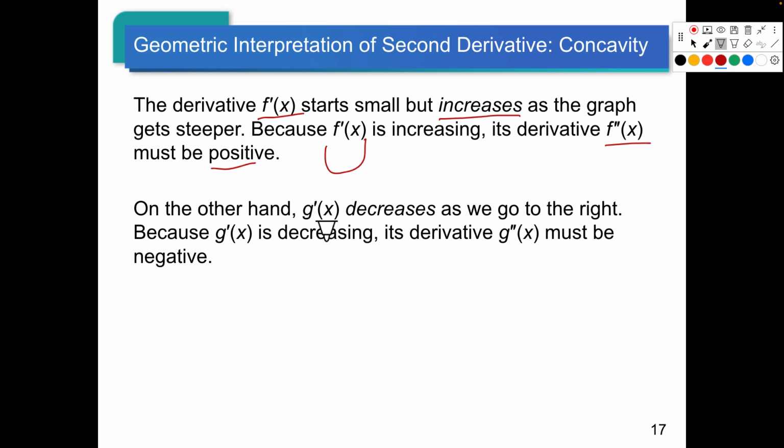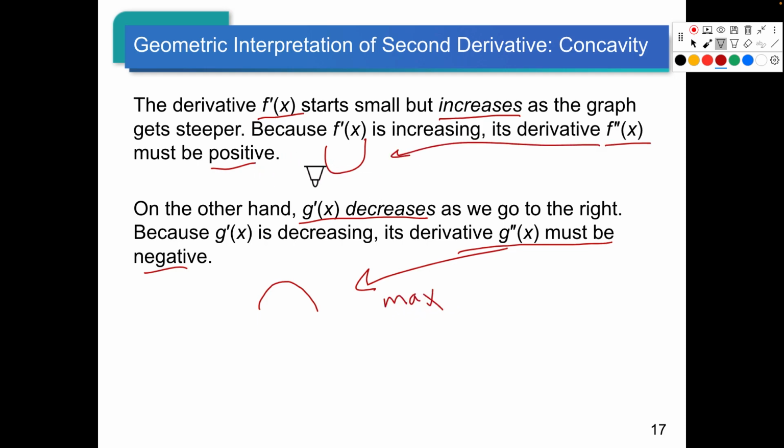This is the g of x, which shows that the rate of change, the first derivative, is actually decreasing, it's slowing down, and so the second derivative must be negative because it's going like that. When this happens, we get a maximum. When this happens up here, where it's positive, we get a minimum.